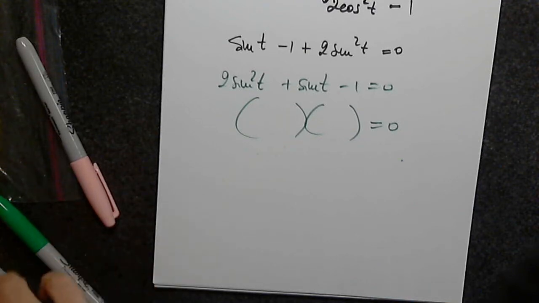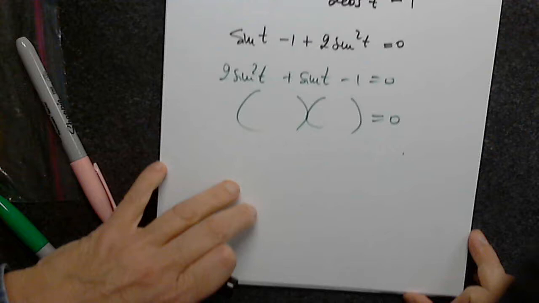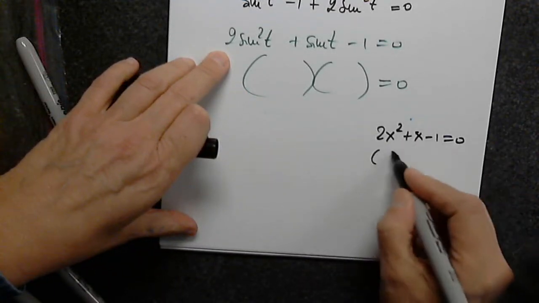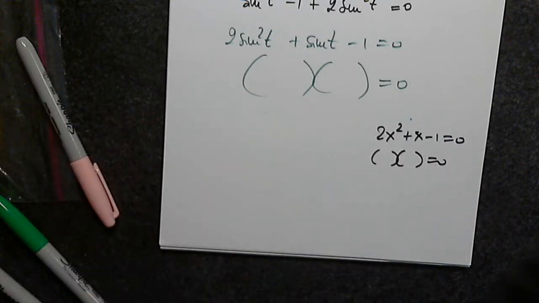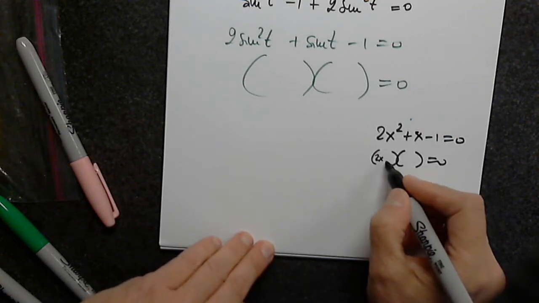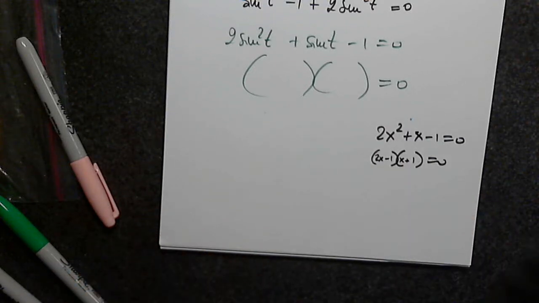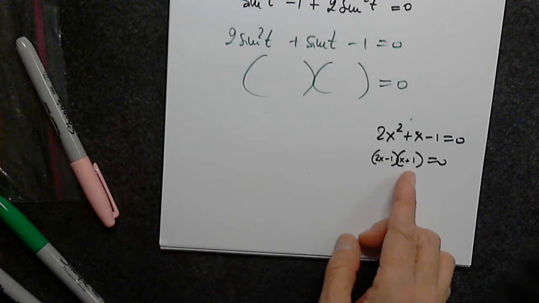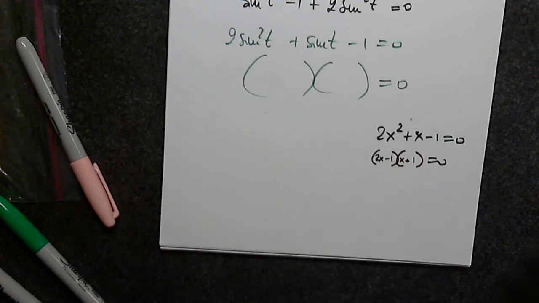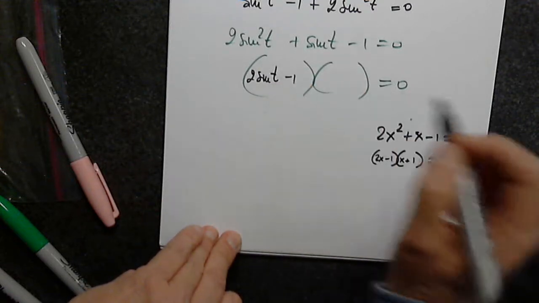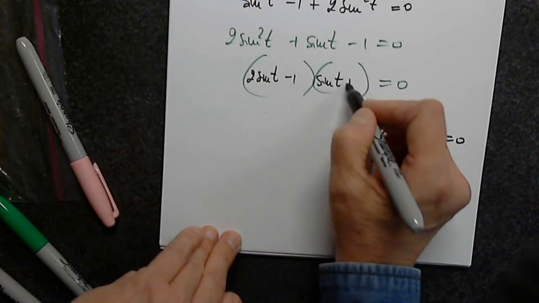If you want to use a change of variable, so that's easier, you can just write 2x squared plus x minus 1 equals 0, and then come back and replace x by sine. So we have 2x minus 1 and x plus 1. So this is 2 sine t minus 1 times sine t plus 1.